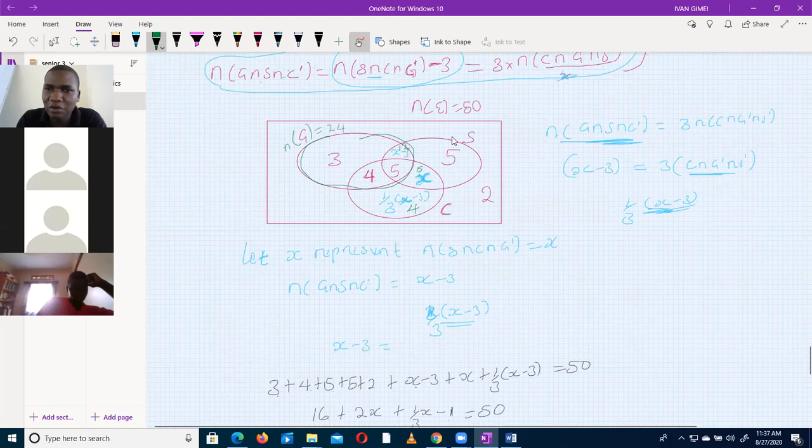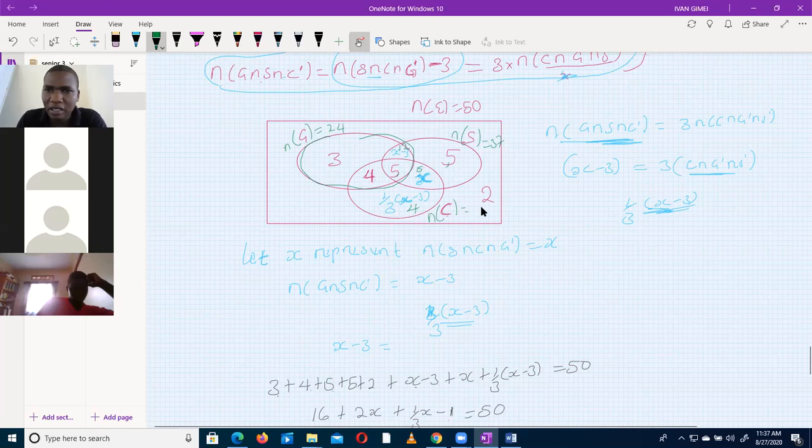Number of those who brought mathematical sets, this is 20, 25, 37. There are 37. Those who brought calculators, we have 4, 19, 24, 28.